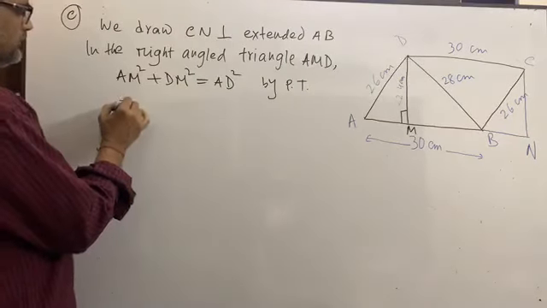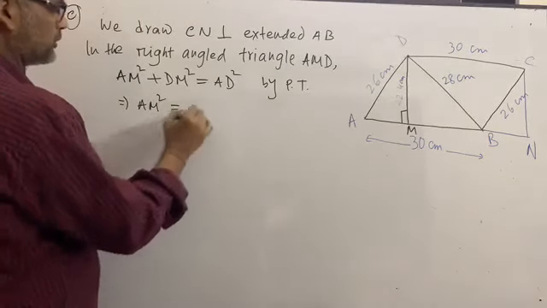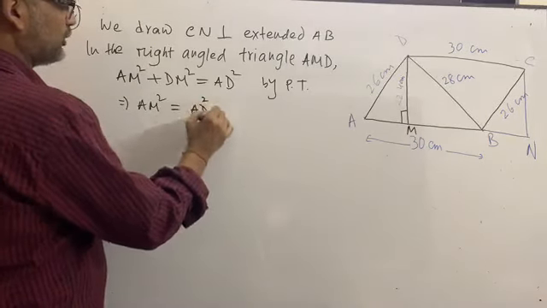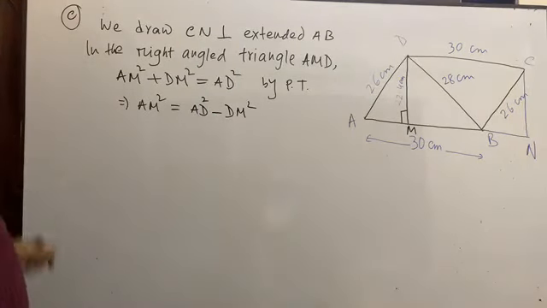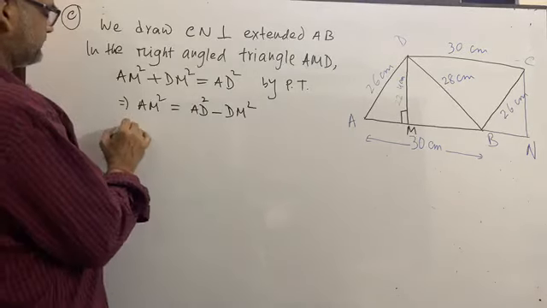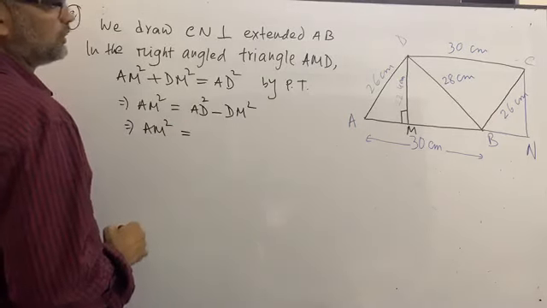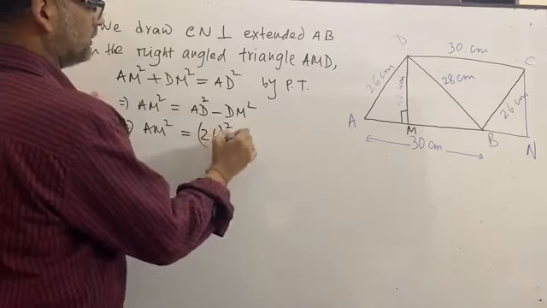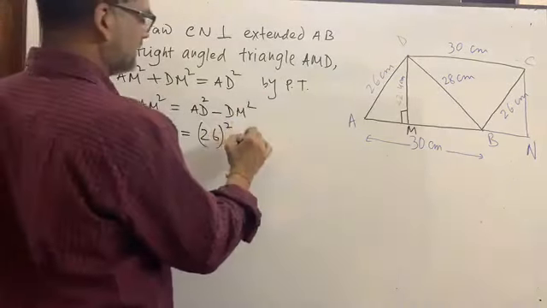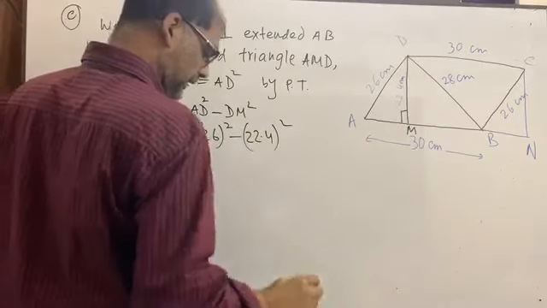You write down AM square is equal to AD square minus DN square. Okay, I am going to determine AM. That means AM square is equal to, what is AD square? 26 square. What is DN? It is written 22.4.